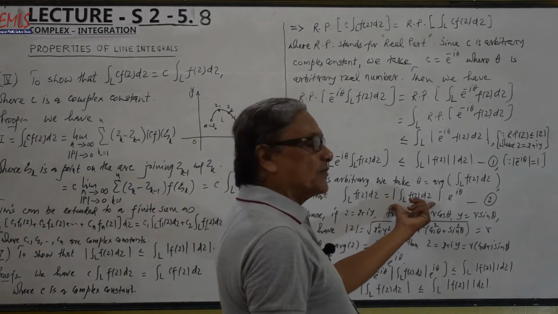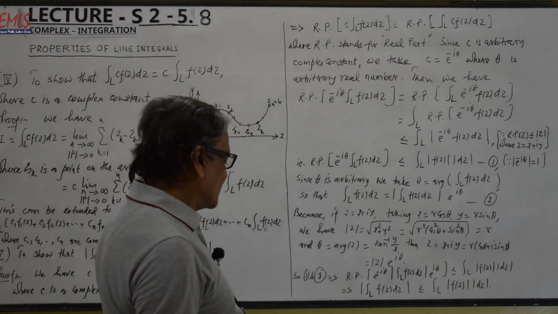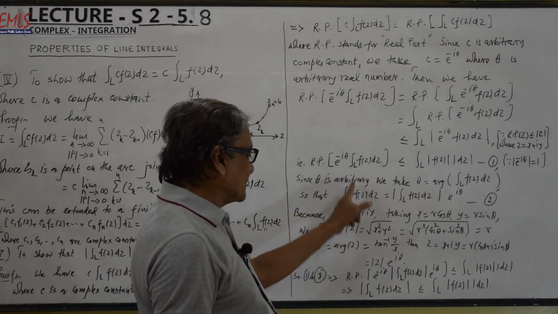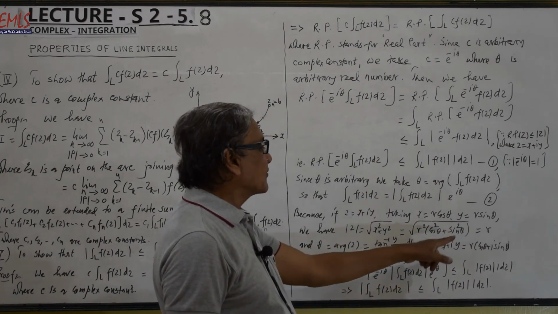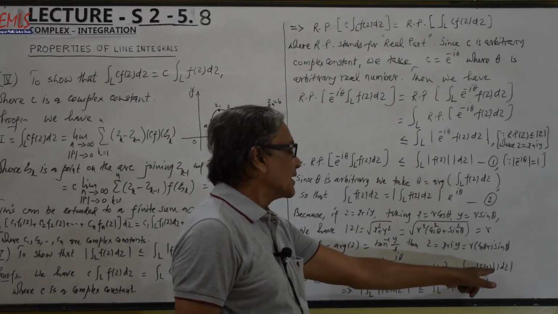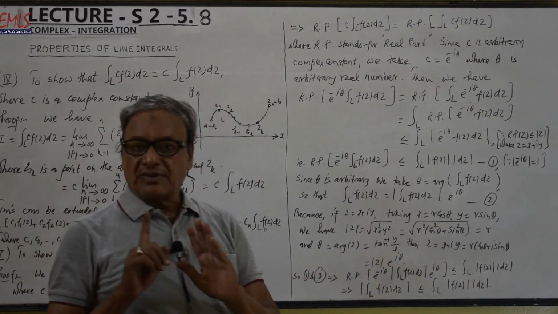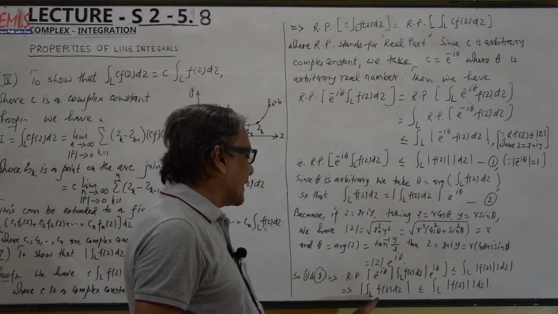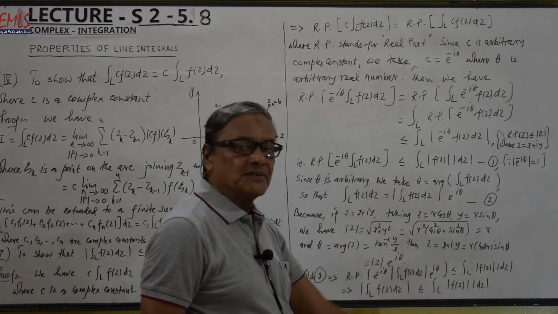This will be equal to mod of integral over L f(z) dz e to power i theta. So 1 and 2 imply real part of e to power minus i theta, and value of this is mod of integral over L f(z) dz e to power i theta from 2, and this will be less than or equal to integral over L mod f(z) mod dz, then e to power minus i theta into e to power i theta, this will be 1. So we are finally left with mod of integral over L f(z) dz is less than or equal to integral over L mod f(z) mod dz.